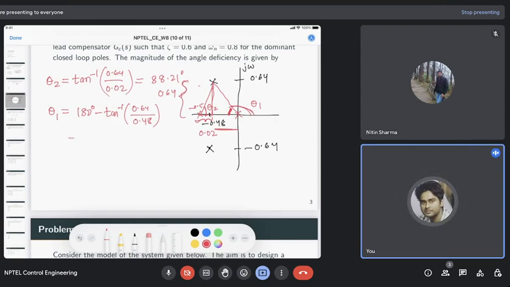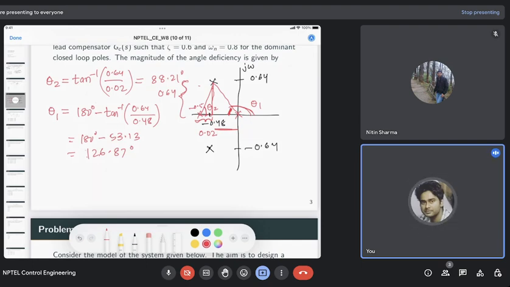And this angle is 180 degree minus, again using the tan inverse formula with 0.64 and 0.48, 53.13, so it is equal to 126.87 degree. So these are the two angles.